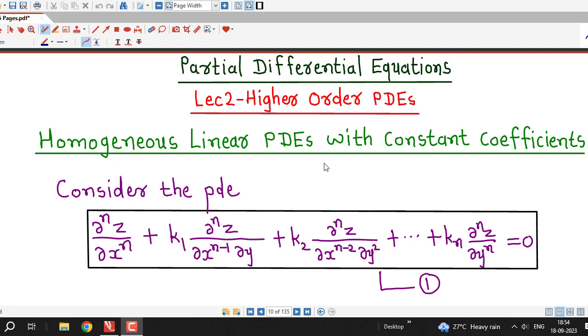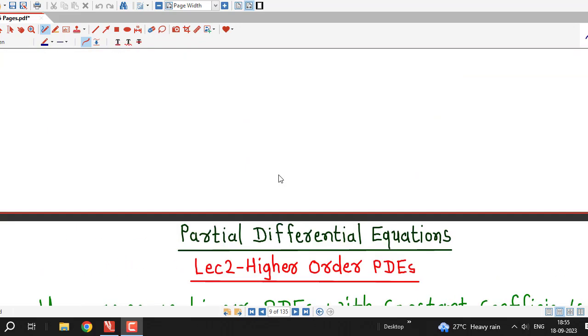In previous lecture we have taken brief introduction about linear partial differential equations with constant coefficients, and we have seen that there are two types of linear PDEs with constant coefficients, homogeneous and non-homogeneous.